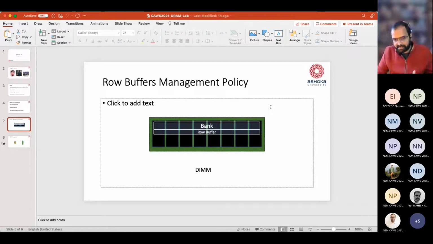And that cache line is going to be sitting in this row buffer, which I can service directly, without having to do another high latency operation of reading more information from the DRAM and bringing it back down to the row buffer.